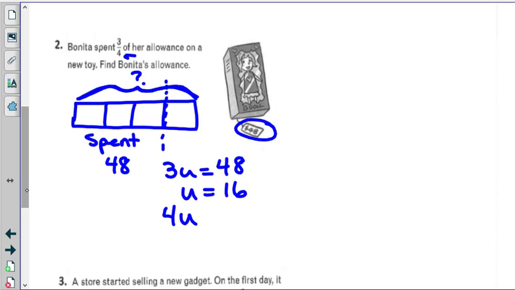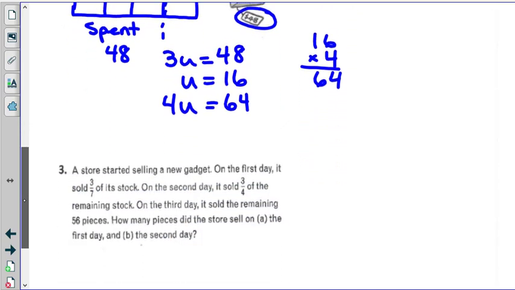So 4 times 16 is what we would do here, and we would get 24, carry the 2, $64. So find Bonita's allowance. The sable that I would write is Bonita's allowance is $64. We're not writing the sables now just to save time.